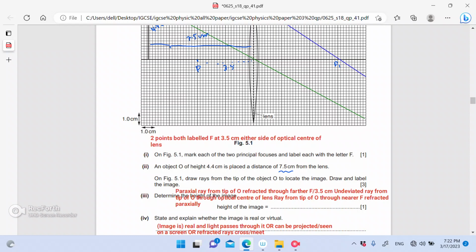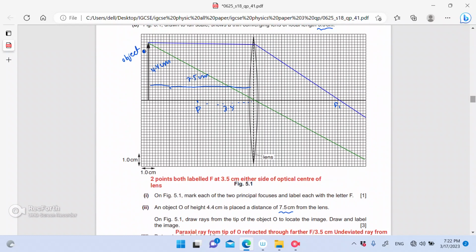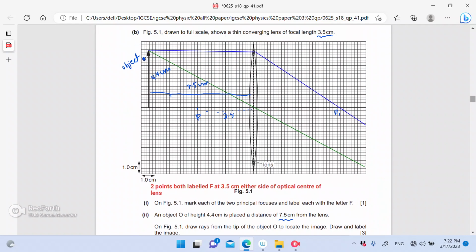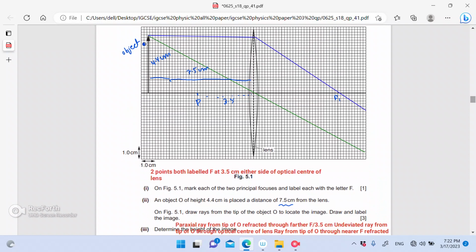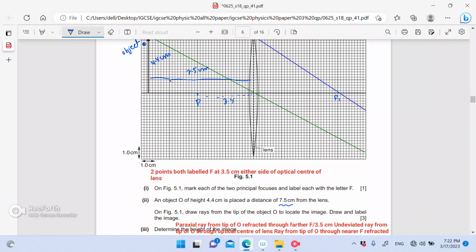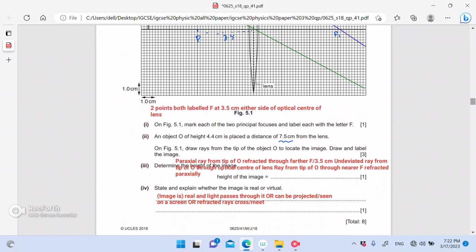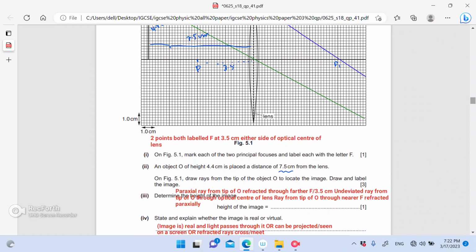These two are not meeting, you can see. So when these two are not meeting, it should meet, but here I have to draw the line.